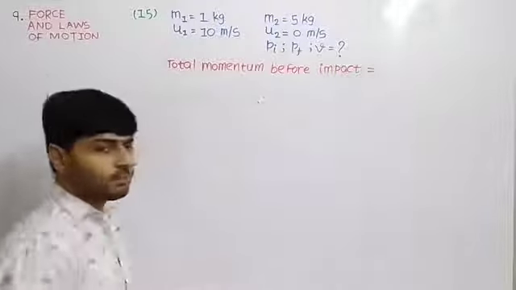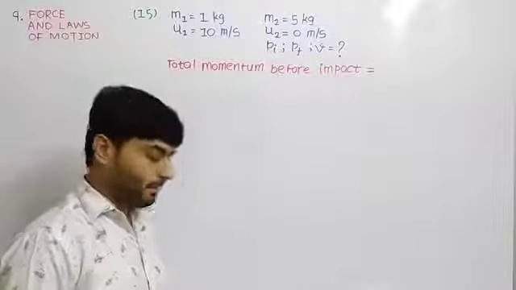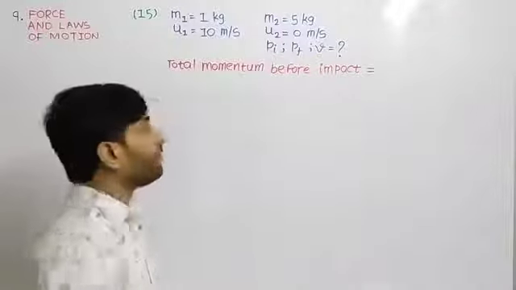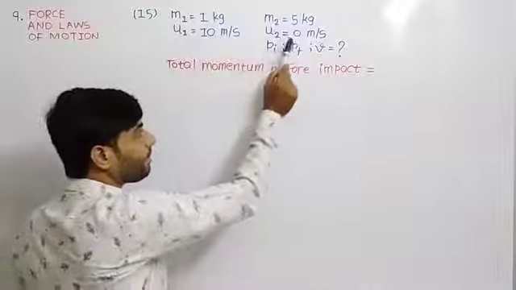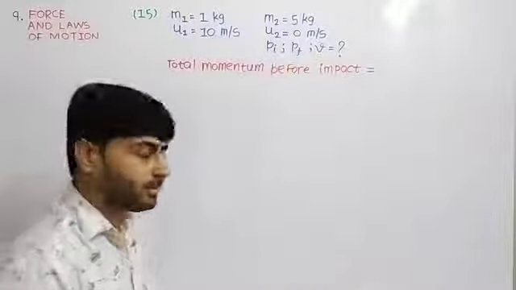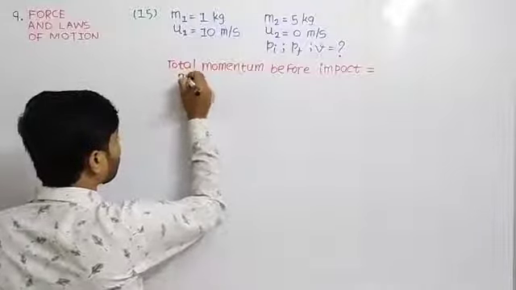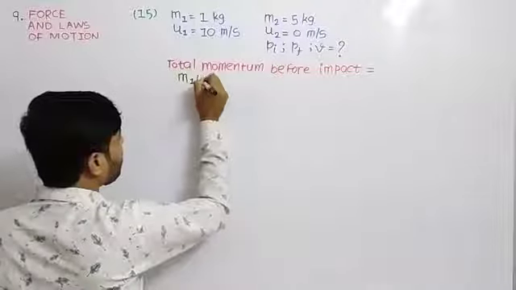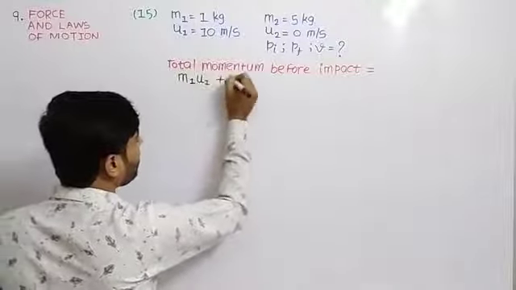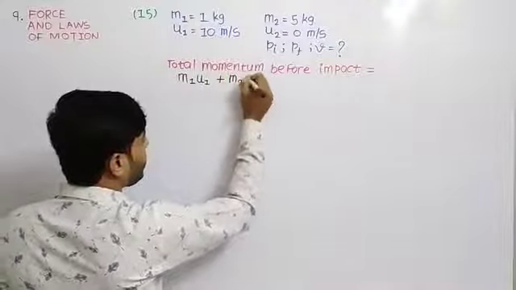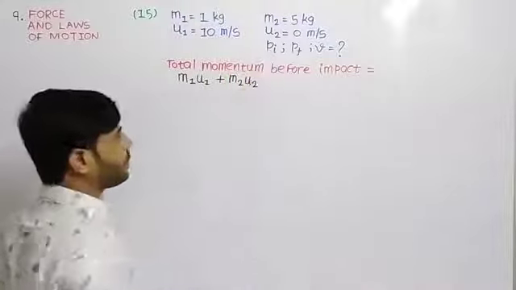Total momentum before impact is equal to, what is total momentum before impact? That is momentum of the first object plus momentum of the second object, that is m1 u1 plus m2 u2.